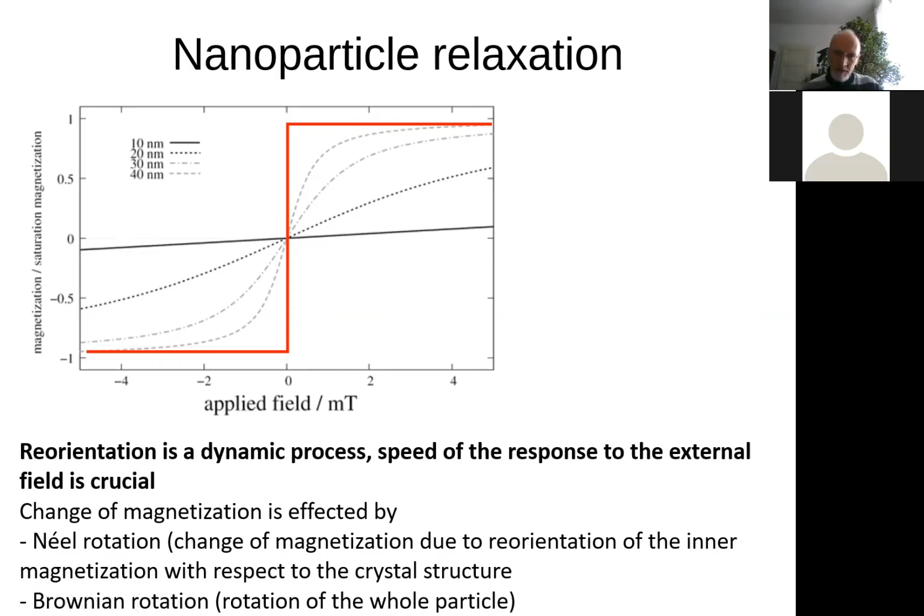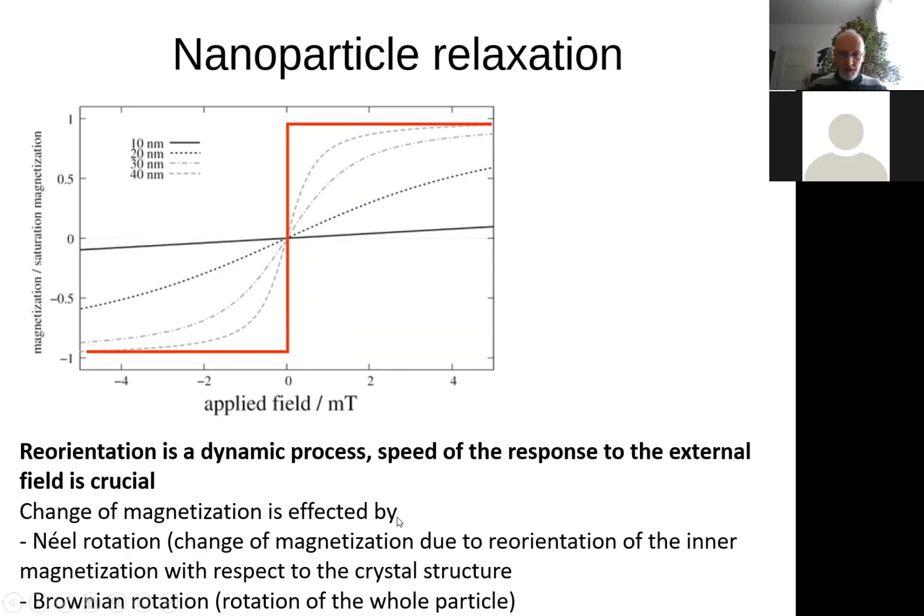Of course, it's clear that if the response is very slow, the particles might not react to quick changes of the alternating drive field. So it's necessary that the relaxation processes are fast enough so that the particles can follow the alternating drive field.